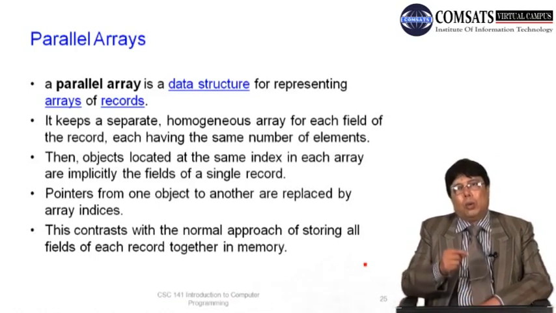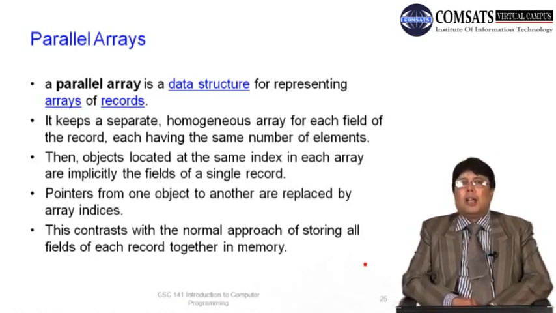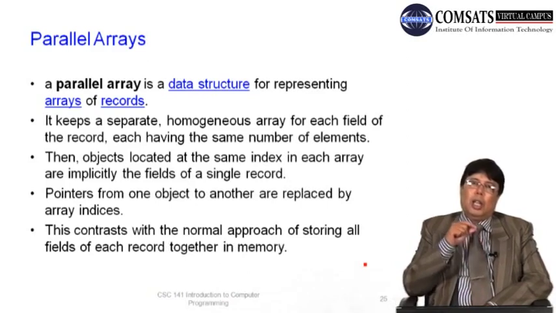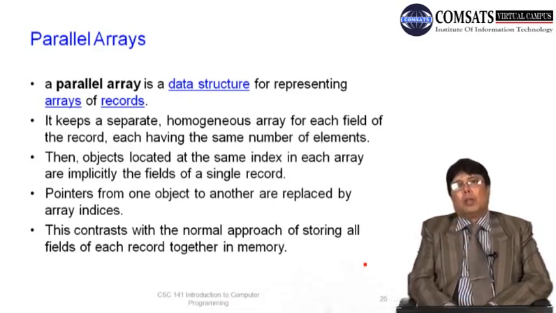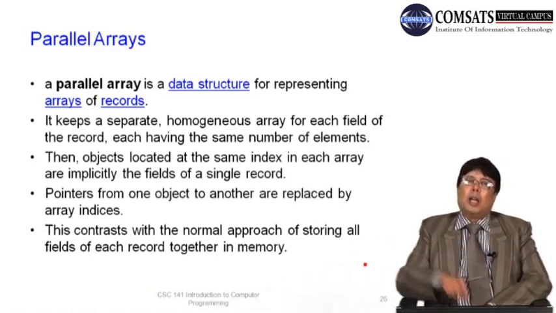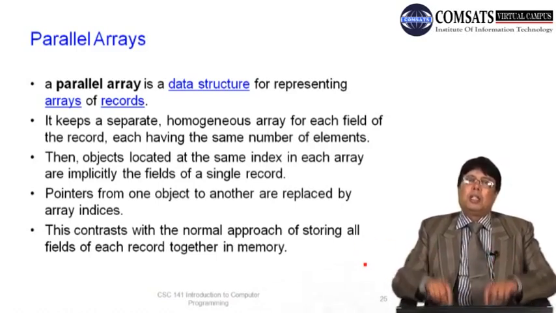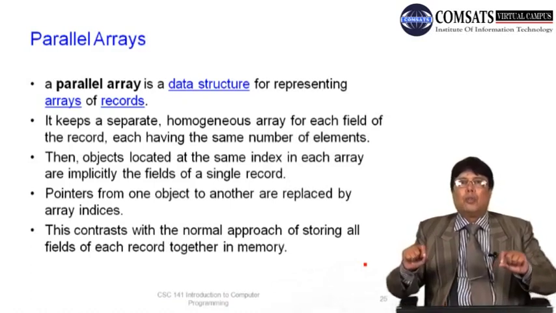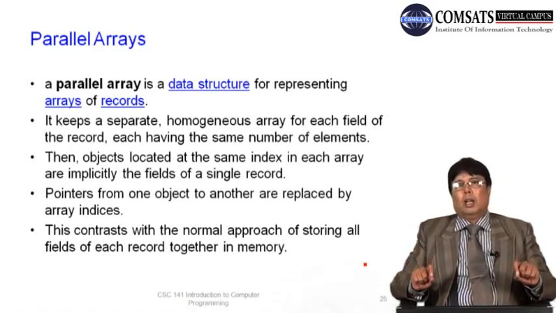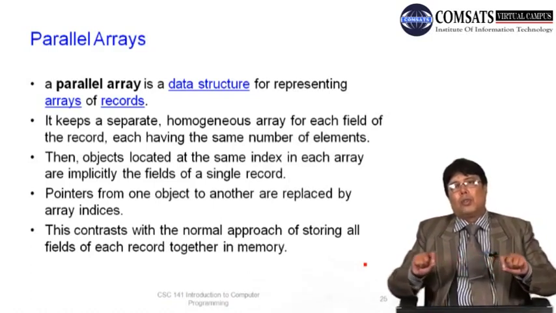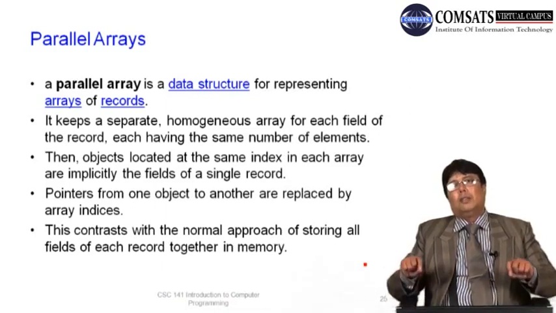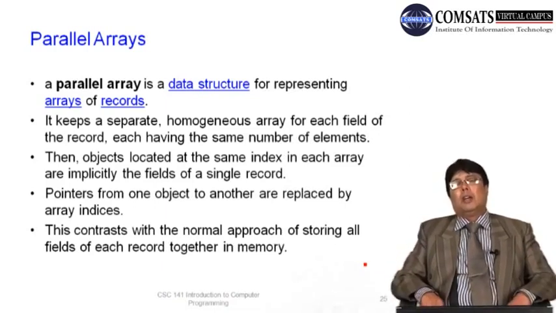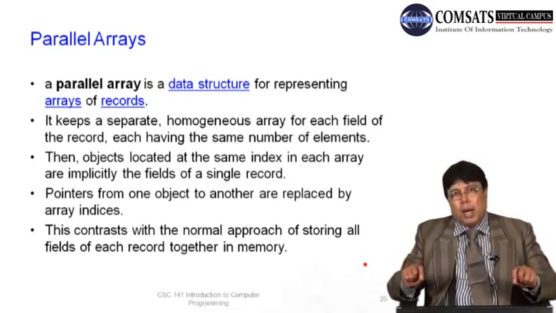Now we apply a rule: we will access the element of each and every array with the same index. That is possible. Suppose index 0: we take element 0 of every array and use them together, and that constitutes one record. Index 1 constitutes record number 1, index 4 constitutes record number 4, and index n constitutes record number n.